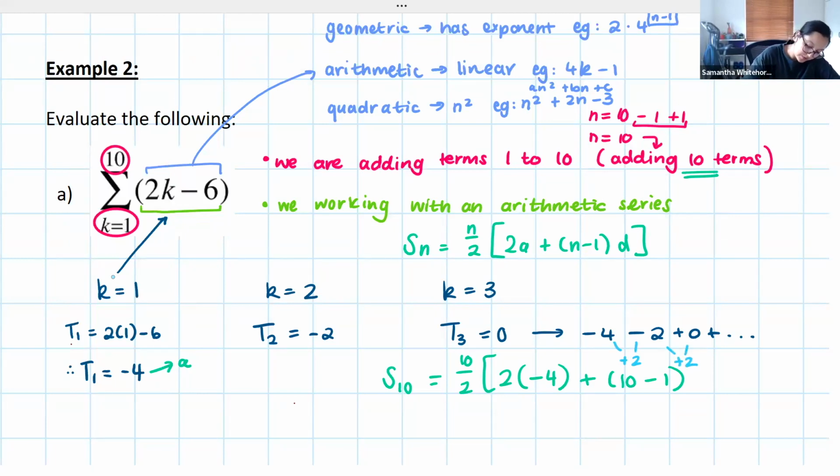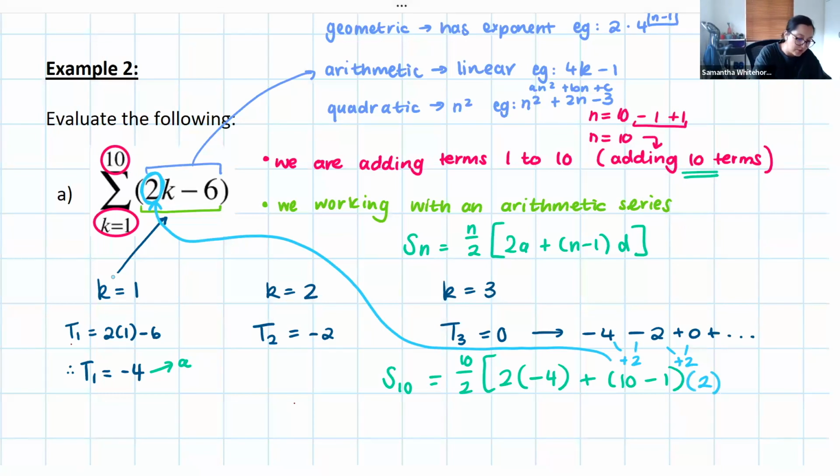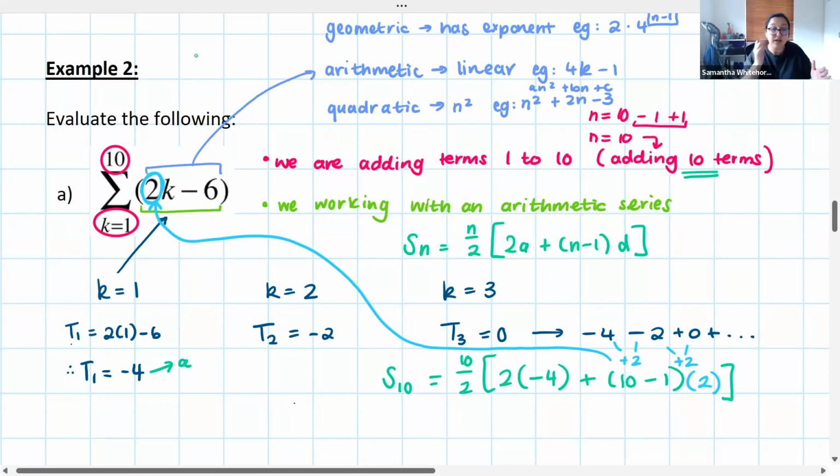Alternatively, guys, hopefully what you can see is that the coefficient of your variable is the constant difference. So by looking at your actual nth term, this number in front of k tells me what the constant difference is. So I now know my constant difference here is 2. So I sub that in for D. And then I just put all of that on my calculator and I get what my sum is.